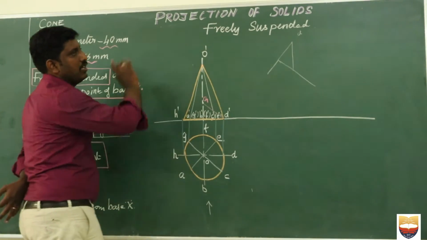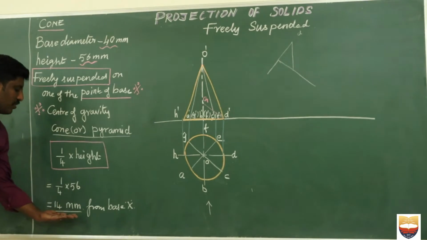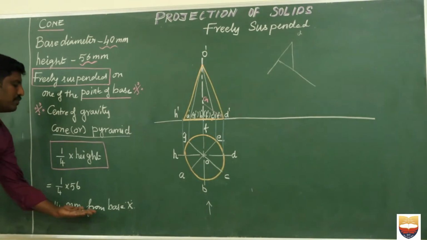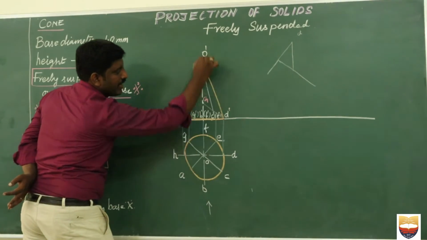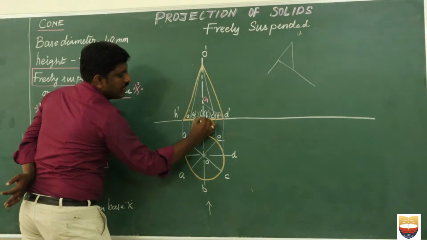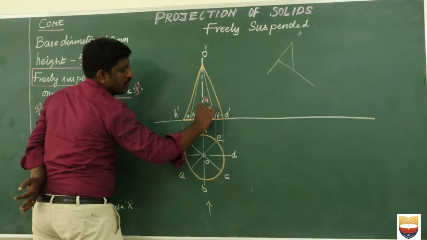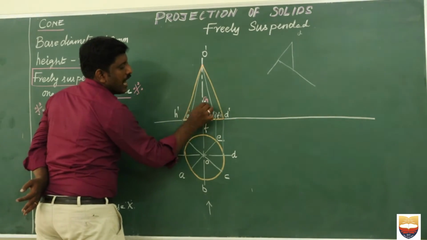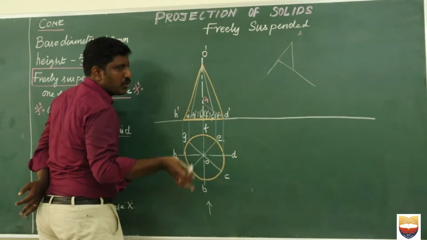Now coming to our freely suspended problem, we know that the center of gravity of the cone is at 14 millimeter from the base. In my center line, from the base I am measuring 14 millimeter and giving the name G. Many of them use CG, it is up to you to give the name.